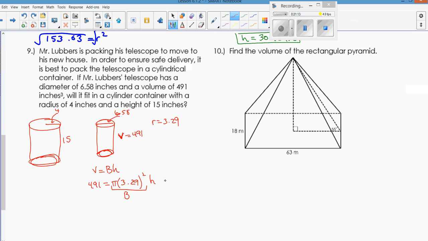So the first thing I'm going to do to solve this is divide by pi, which gives me 156.29, which is equal to, oh, actually never mind, I'm sorry, I'm making this way hard. I'm going to erase this. I'm going to get an answer for this right here. So I'm going to do pi r squared in my calculator, which tells me that 491 equals about 34h.